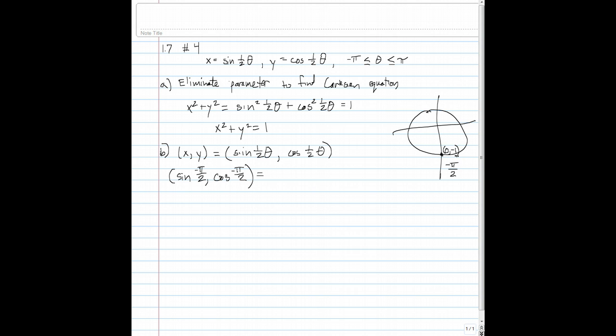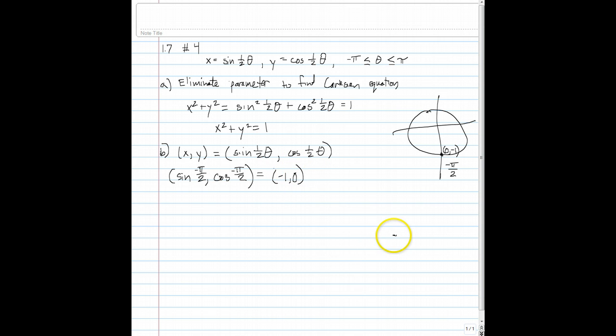So remember, the x coordinate represents sine and the y coordinate represents cosine. So the sine of negative pi over 2 would be a -1. And then the cosine of negative pi over 2 would be 0.